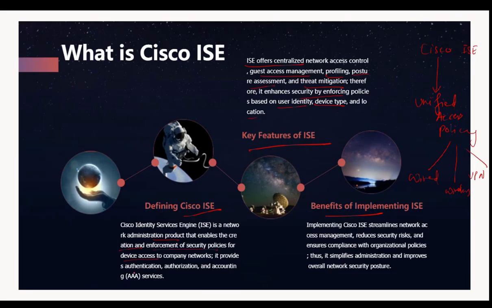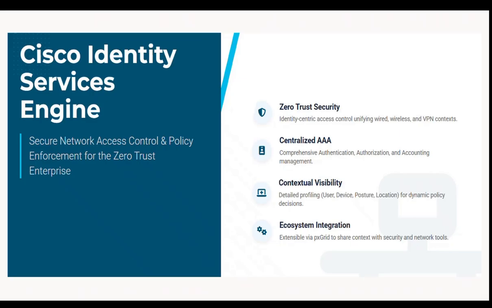It provides authentication, authorization, and accounting, AAA services. The benefits are that ISE streamlines network access management, reduces security risk, and ensures compliance with organizational policies. Thus, it simplifies administration and improves the overall network security posture. So that is the basic introduction of what ISE is and what its key features are.